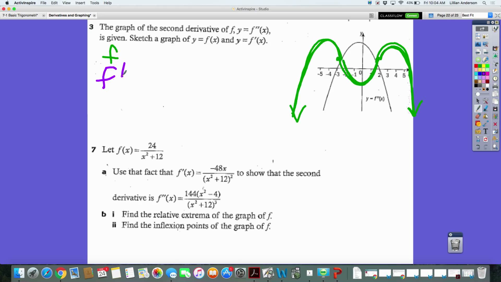So that means that at -3, there's actually going to be an extrema, and because we're going from negative to positive, it's going to be a min at -3. And because we're going from positive to negative at 2, we're going to have a max. So this is going to look like so. And that's the graph of your first derivative.